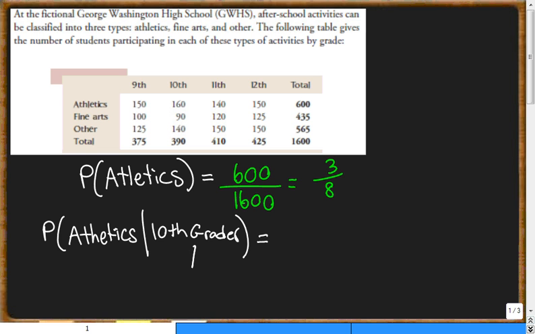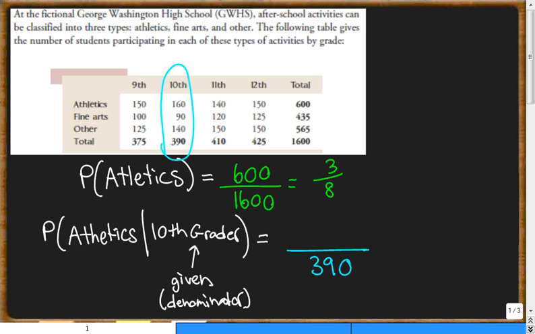So this is our given, which in a sense is our denominator. And so our denominator is now our 10th grade group. Oops, that's 12th grade. Our 10th grade group totals 390 people.